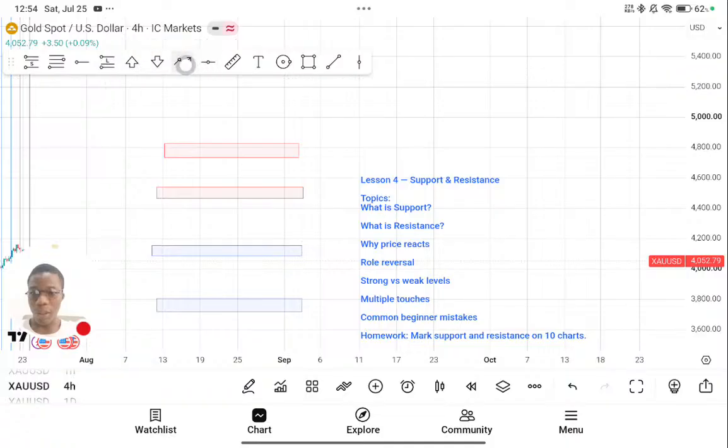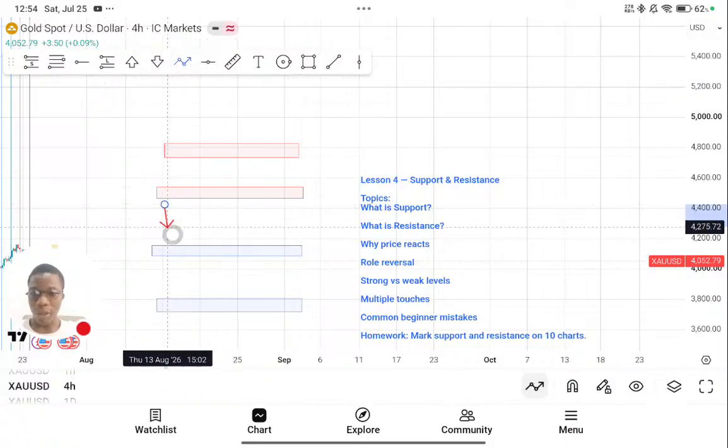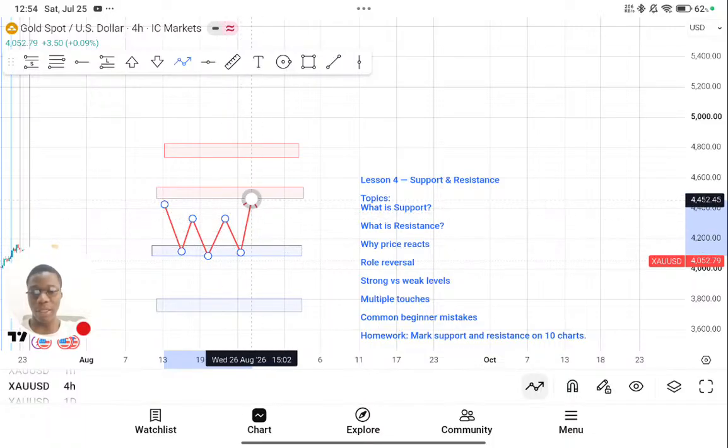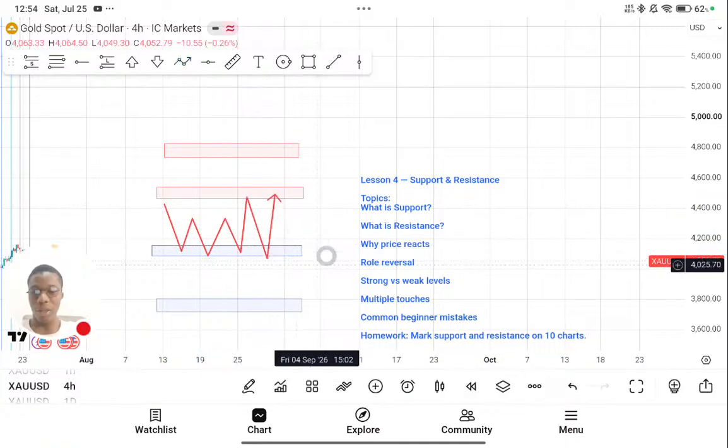Support is anytime price comes here, you notice that it reacts, it changes, it comes back here, it reacts, it comes back here, it reacts, and it comes back here. Here is resistance. Anytime price comes here, it reacts, comes here, it reacts.